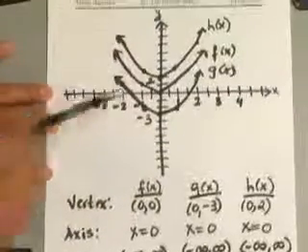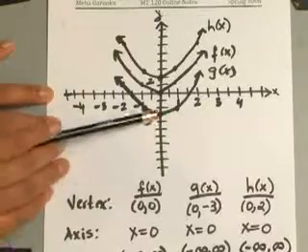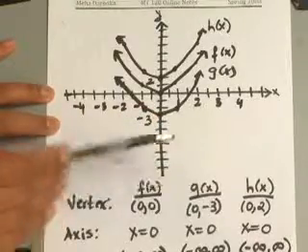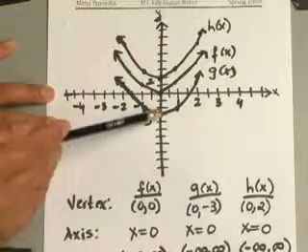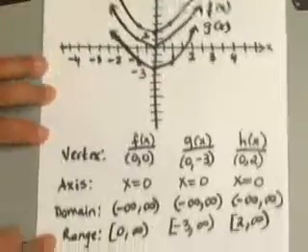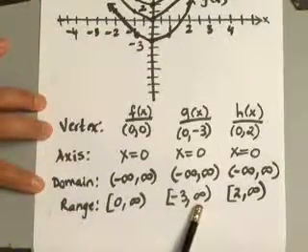If you look at your g of x graph, this graph starts at -3 on the y-axis. There's no graph below -3, but you start at -3 and you're going all the way up. So in terms of your y-axis, your range will start at -3 and go to positive infinity.